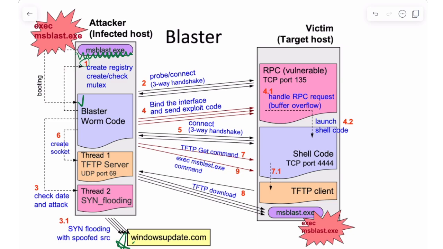Okay, let's take a look at step number 2. The blaster worm code will establish a network connection to some other IPs on the internet.